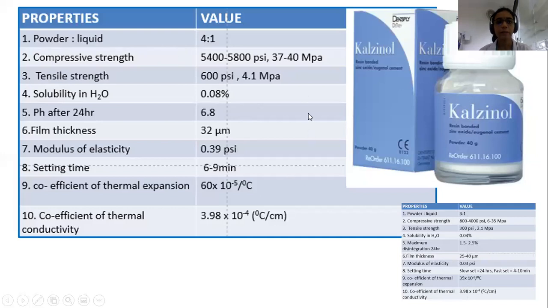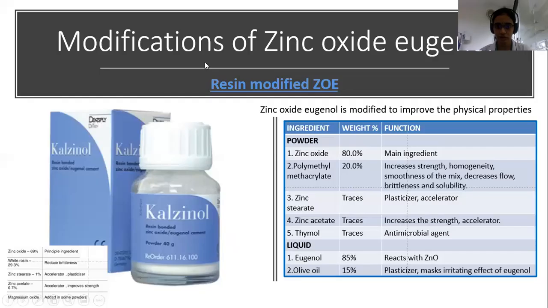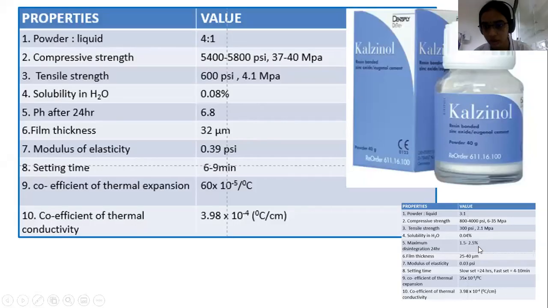If we compare the properties of resin modified zinc oxide eugenol with the conventional zinc oxide eugenol, you can see the compressive strength is higher compared to the conventional zinc oxide eugenol. The tensile strength is also higher.